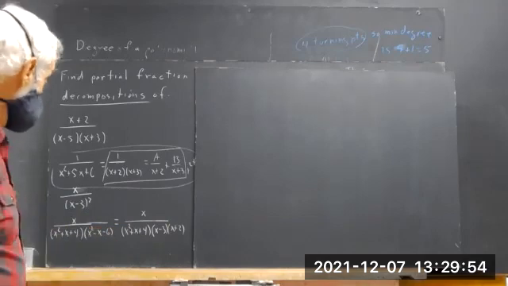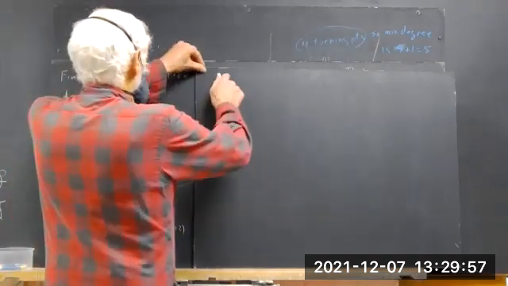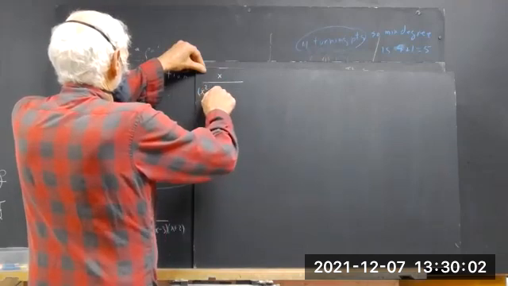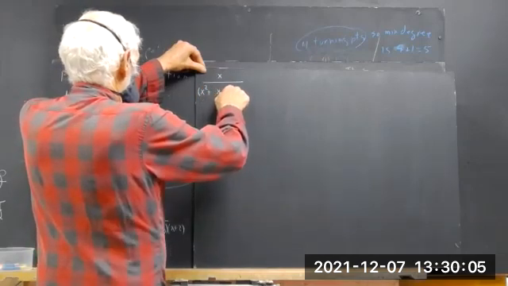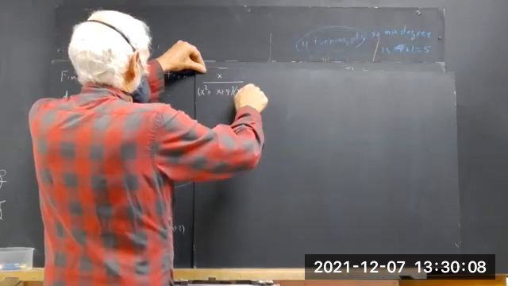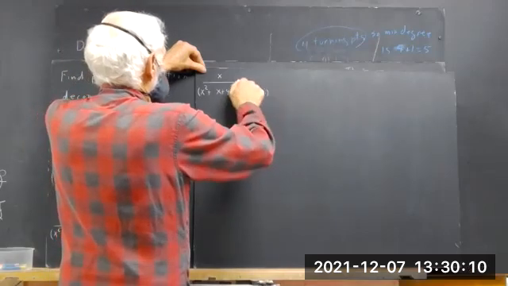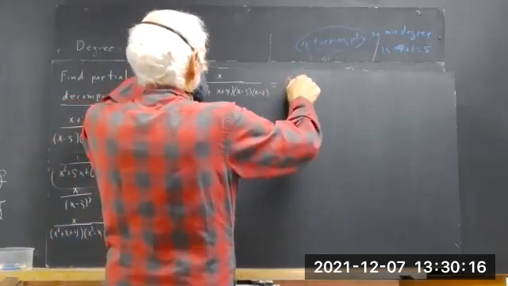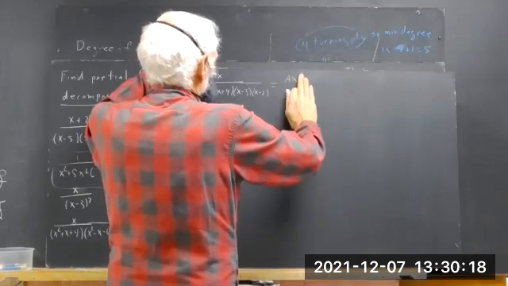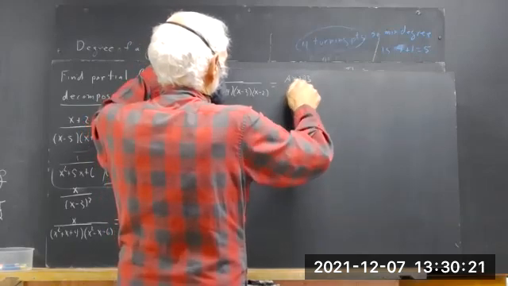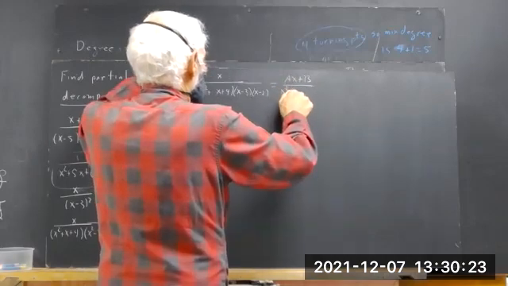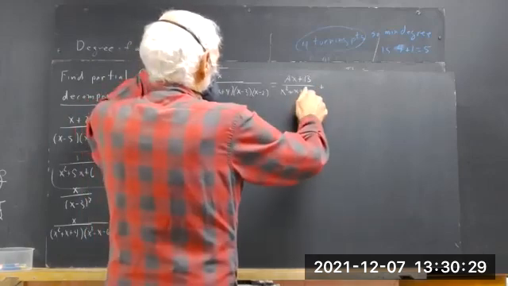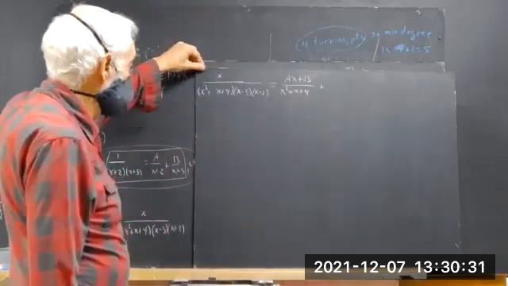Okay, now what do we do with this? Well, we've got x over (x squared plus x plus 4) times (x minus 3) times (x plus 2) is then equal to ax plus b over x squared plus x plus 4.